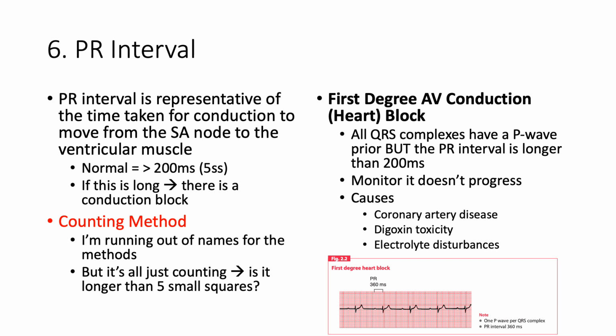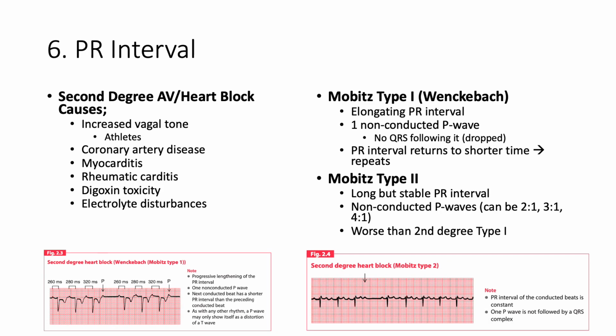There are some causes here, but the example here is quite obvious. It's not very zoomed in, but I think there's a P wave here, which is quite long. But if it's a more subtle one, it can look very similar to a completely normal sinus rhythm.